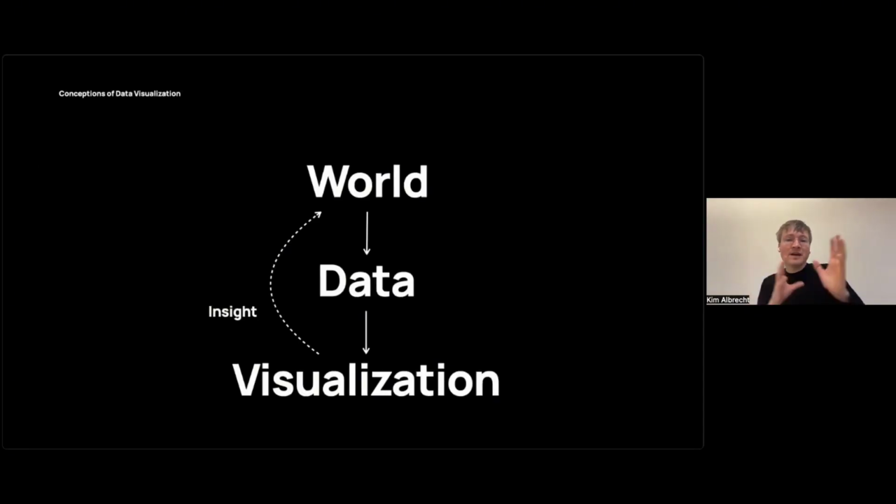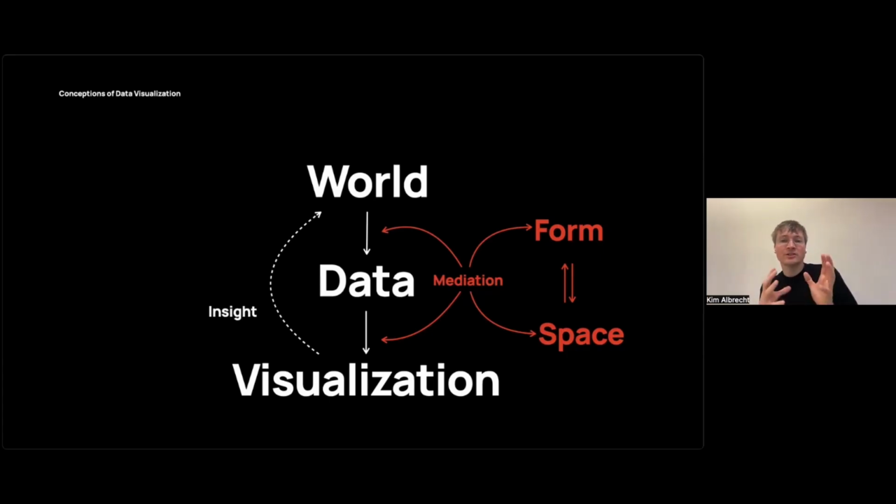So from this basic idea, from this basic three-step from world to data, I added and removed certain concepts. We switched into this media reflexive notion of form and space, and moved from world to systems.